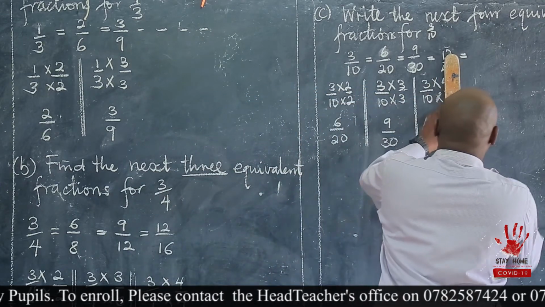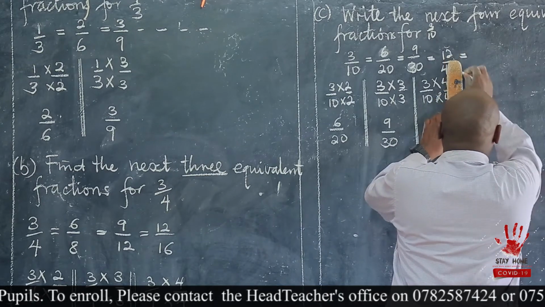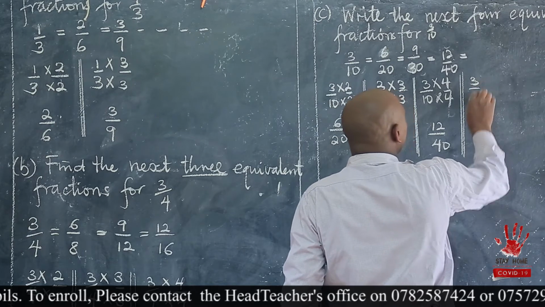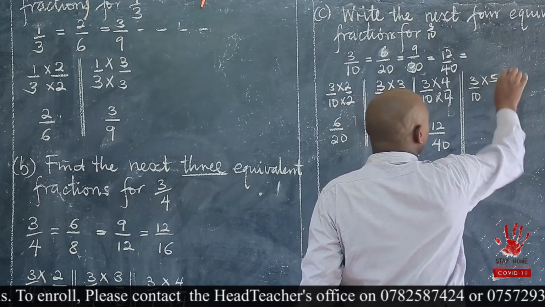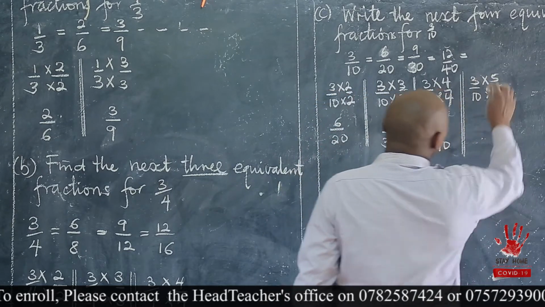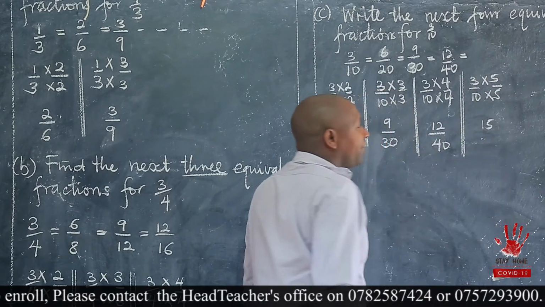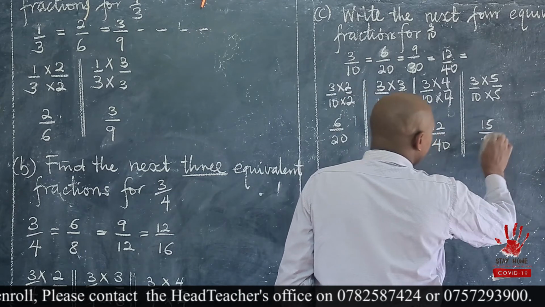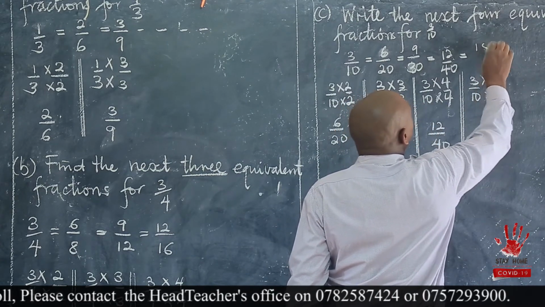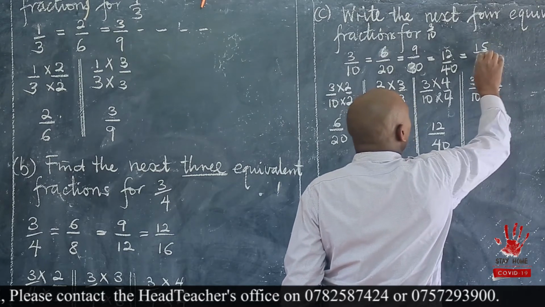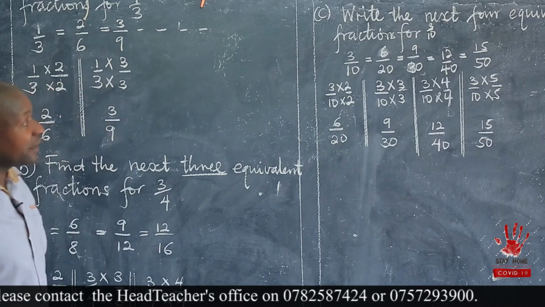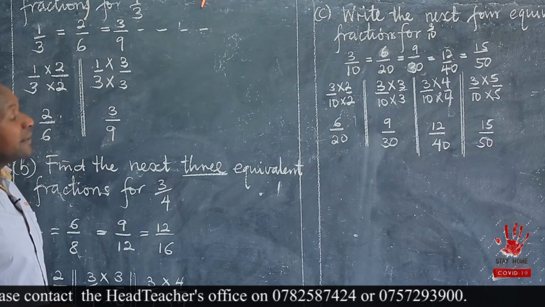Lastly, we are looking at the fourth equivalent fraction. The fourth equivalent fraction shall have 3/10 times 5 times 5. When you multiply the numerator, 3 times 5, somebody is saying 15. Then 10 times 5, this is 50. So we see 15/50 is also another equivalent fraction for 3/10.